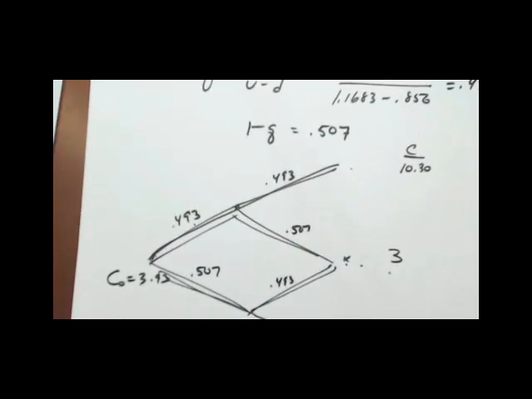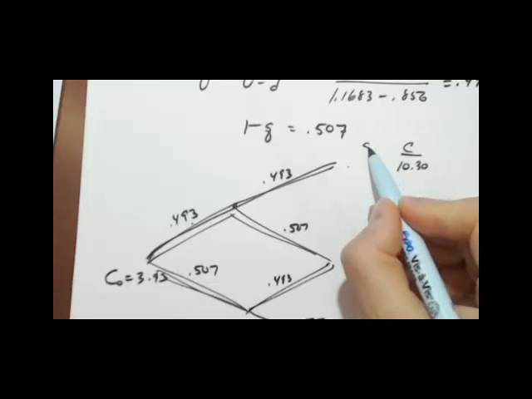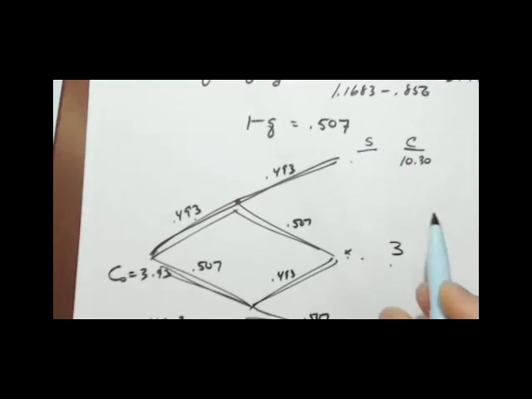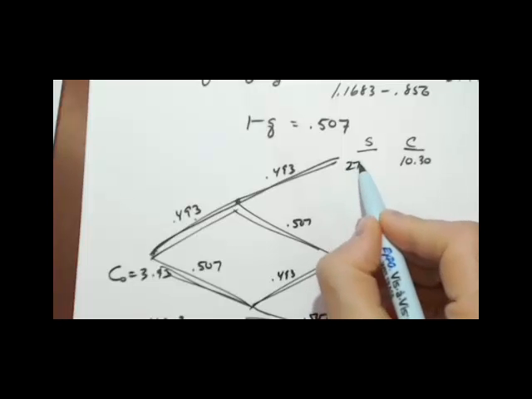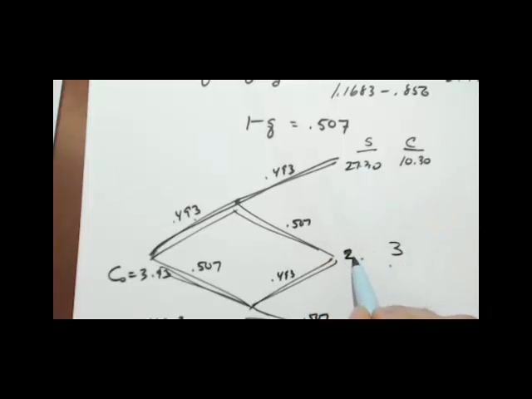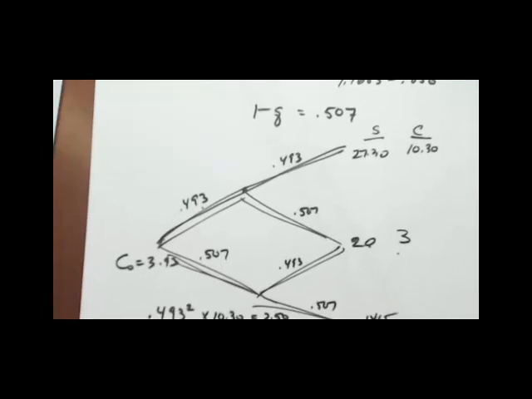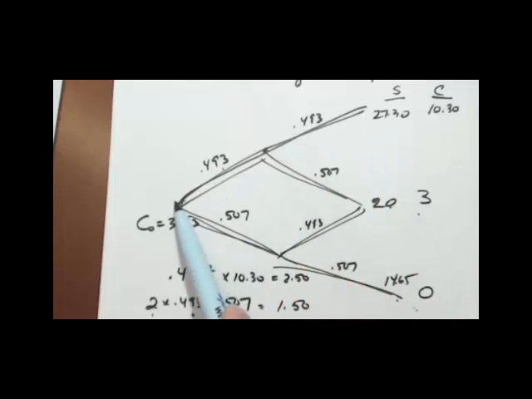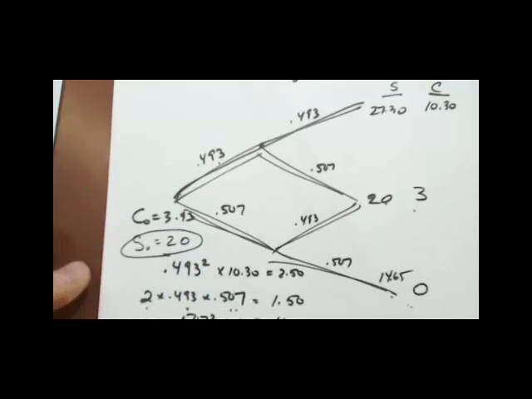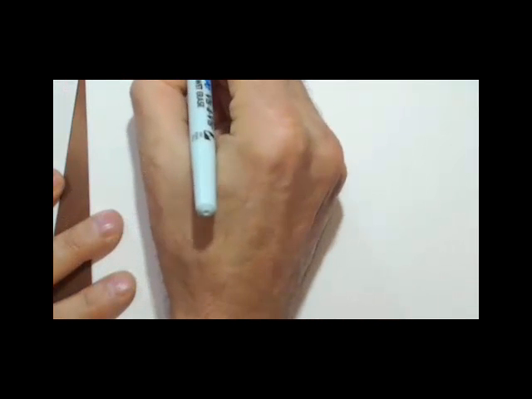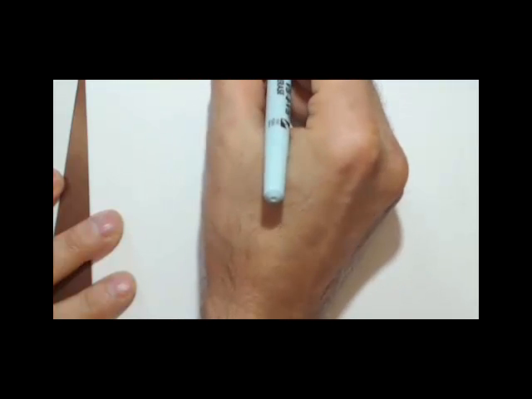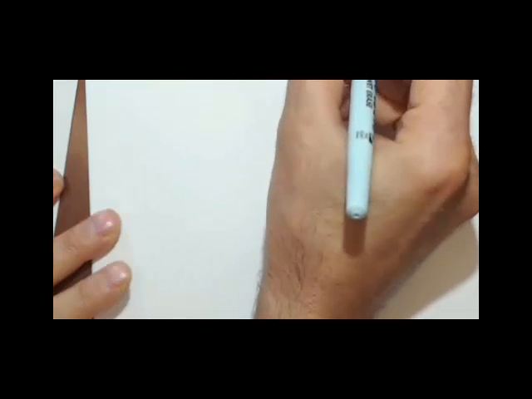By the way, since we're in a risk-neutral environment, I can take the stock price here, which was 27.30, which was 20, which was 14.65, and I can apply the same backwards method to come up with the stock price at the beginning of 20. Okay? Because if the call is riskless, the stock is riskless. So you take the 0.493 squared times 27.30 equals 6.64.